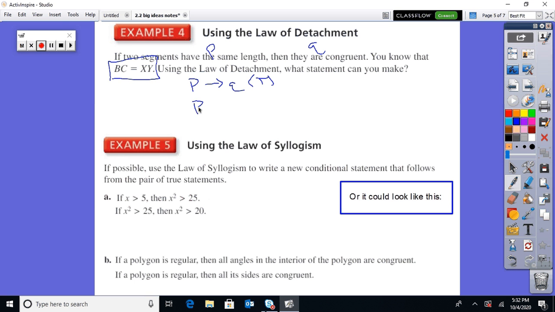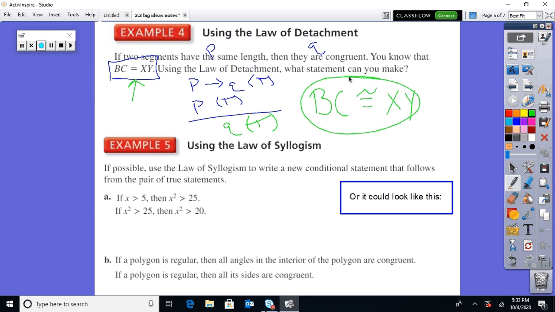And then if I know P is true, then I'm allowed to conclude that Q is true. So in this case, if two segments have the same length, they are congruent. And then we know that two segments have the same length, so we're allowed to conclude that BC is congruent to XY. So that's my conclusion.